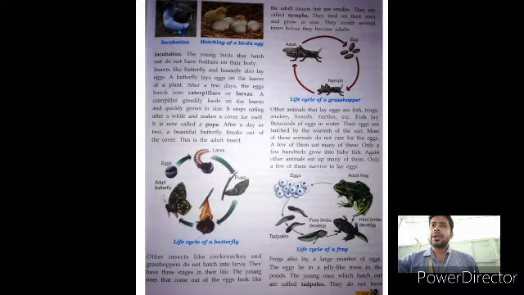Here the life cycle of a frog is shown on the screen. Frogs also lay a large number of eggs. The eggs lie in a jelly-like mass in ponds. The young ones which hatch out are called tadpoles.